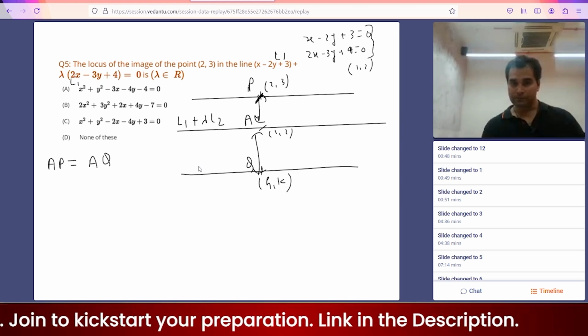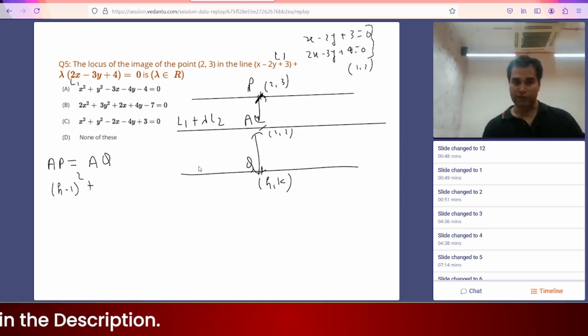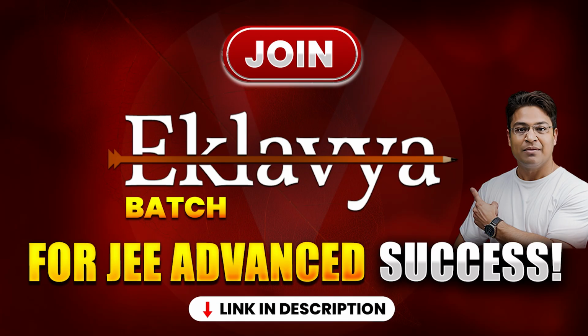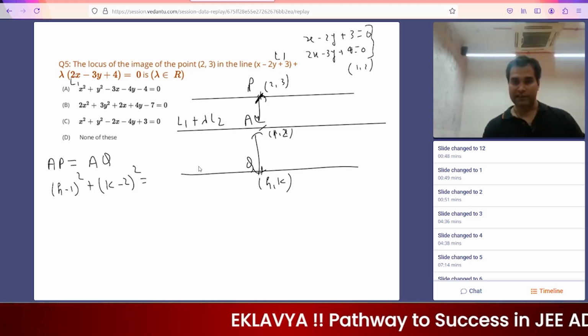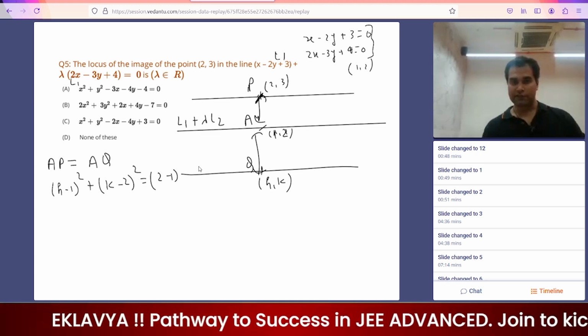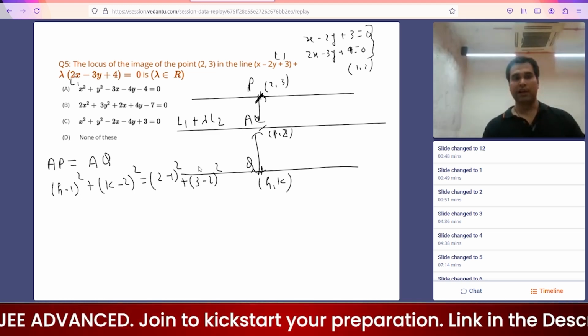Now apply the formula. h minus 1 whole square plus k minus 2 whole square equal to, this point is 1 comma 2, so 2 minus 1 whole square plus 3 minus 2 whole square.